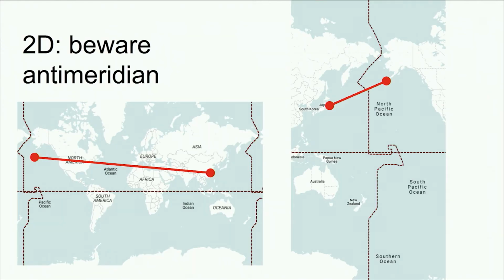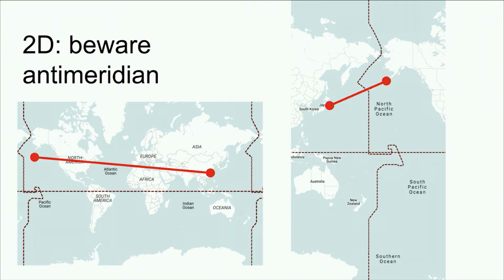So again, if you try to find the shortest distance between Japan and Alaska, if you're working on 2D, you might get an incorrect answer. If you're working on spherical Earth, you will get the real shortest distance. There are some complications with working with 3D. The biggest problem is that some systems support it less than 2D because the math is simply more complex.